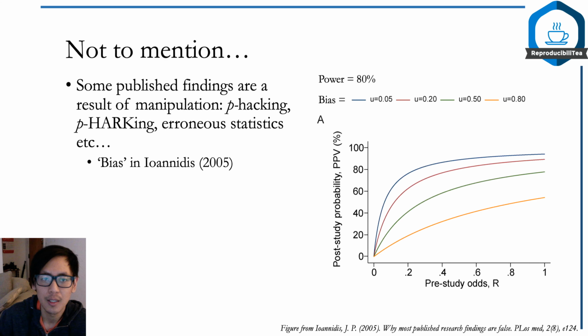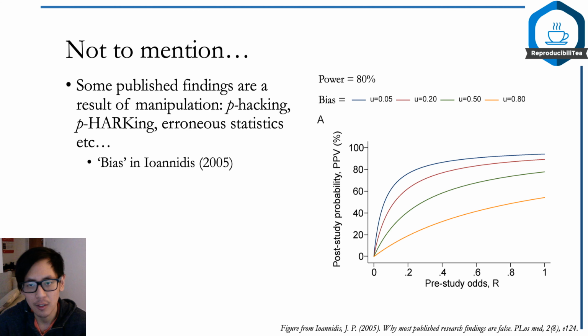And what hasn't been mentioned here, and which John Ioannidis in his paper calculates and accounts for, is that lots of findings are pushed from being non-significant to significant, right? So there's some bias in our published findings.